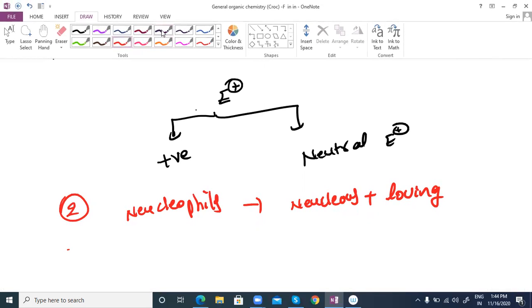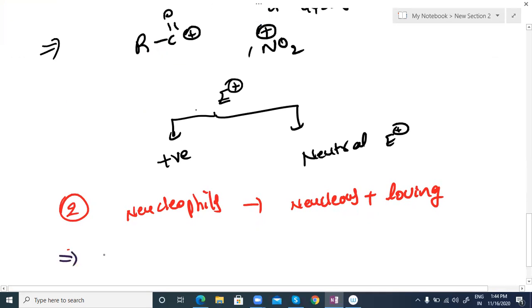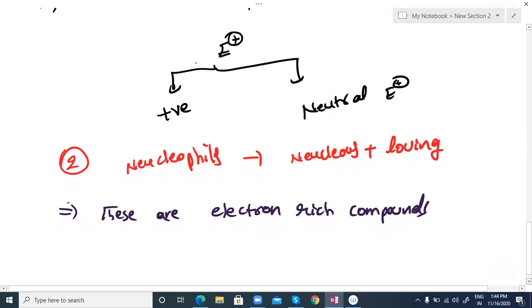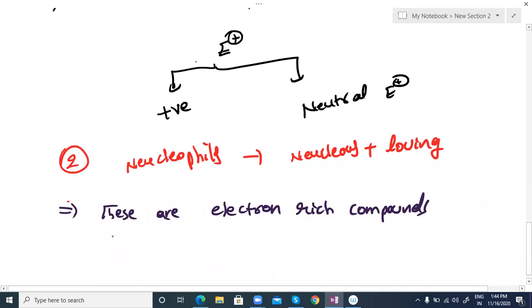You can write it very simply: these are electron rich compounds. So it may be negative charge or neutral.